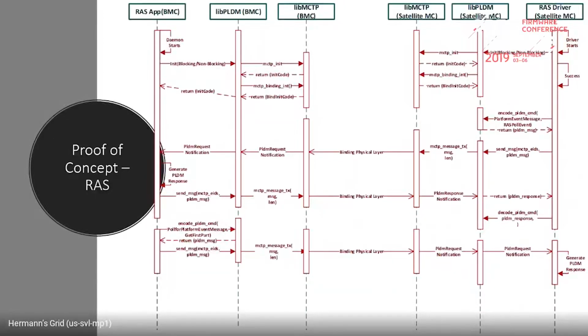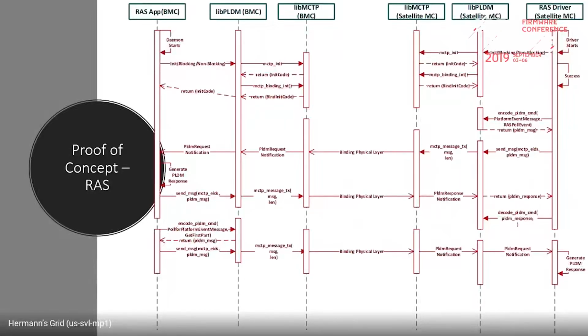So both of them initialize PLDM. It calls the init API, which is provided by PLDM. It can be either blocking or non-blocking. And MCTP should also get initialized by calling into MCTP init.